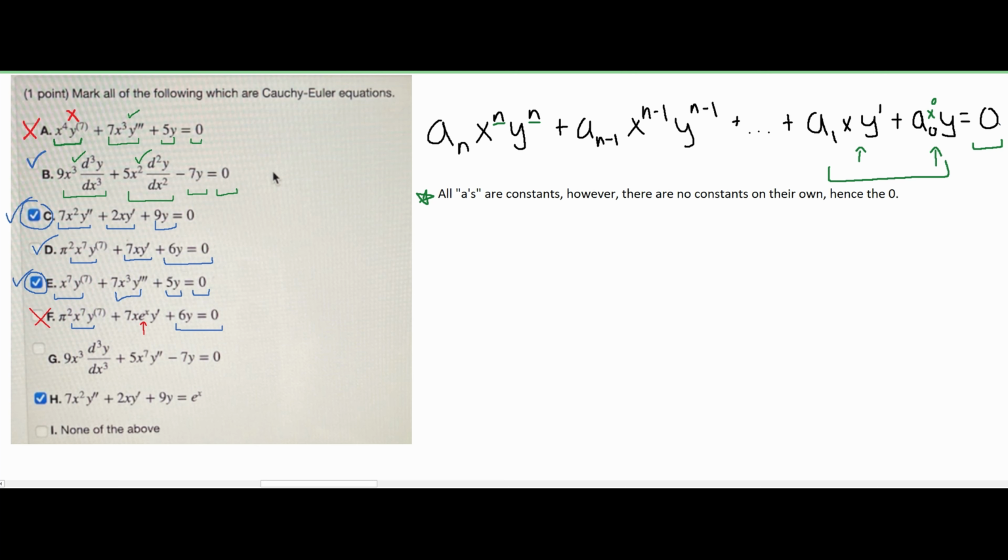Other than our second part it would be, but because of the e^x explicitly, it is not. Now we are going to look at G. In part G, we have x cubed times basically a y cubed, plus a constant times x to the 7 times y double prime. Since these two powers are different, it is not a Cauchy-Euler equation, so G is not.